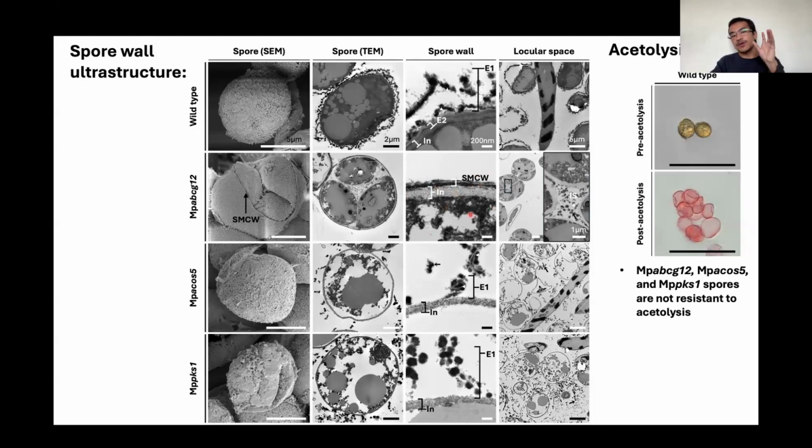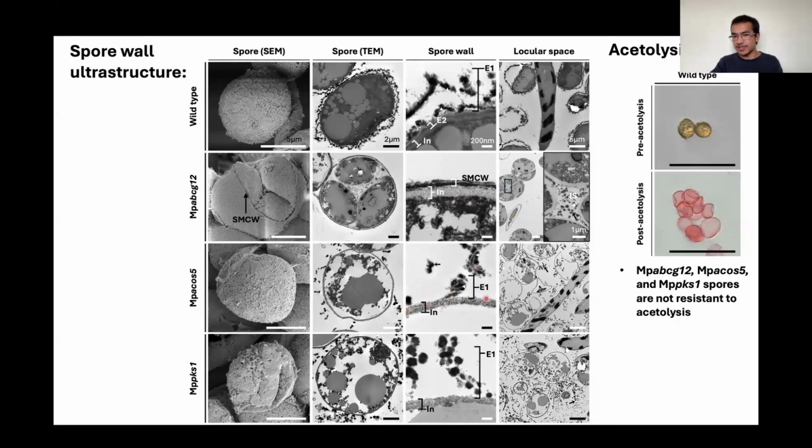And if, in fact, ABCG12 is not related to sporopollen biosynthesis, we would expect to see a lot of sporopollen deposits in the locular space, but that is not the case. For instance, when we look at ACOS5 and PKS1, where we are guessing that sporopollen biosynthesis is somewhat impaired, we see that both exine 1 and exine 2 are severely affected.